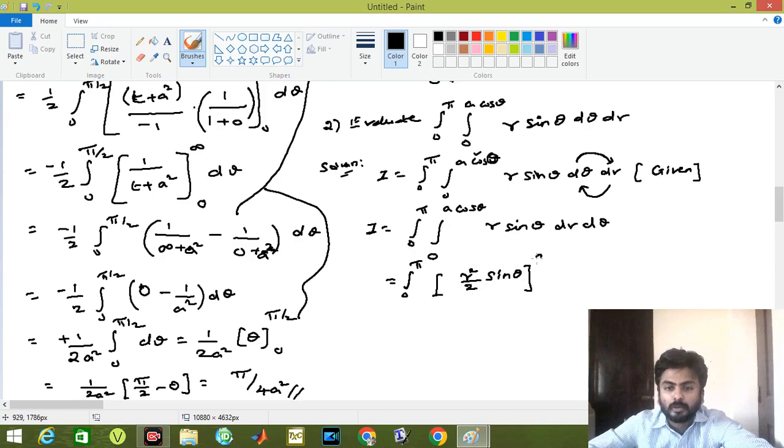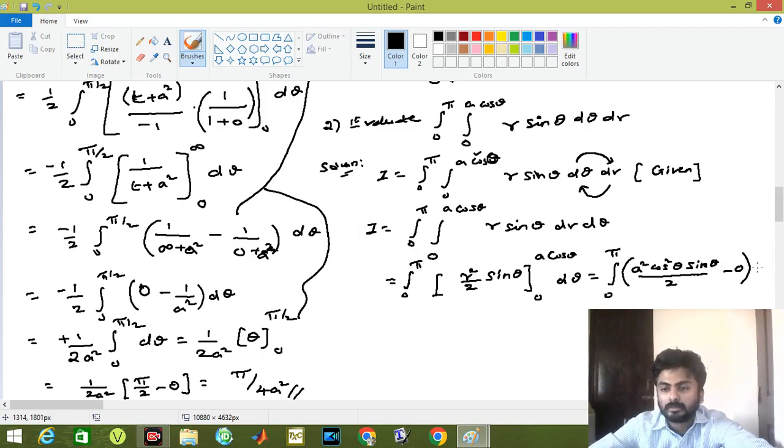You have to substitute a cos theta and 0, d theta, that is equal to integral 0 to pi of r square by 2, where r equal to a cos theta, so a square cos square theta sin theta divided by 2, minus, when you substitute 0 everything becomes 0, d theta.